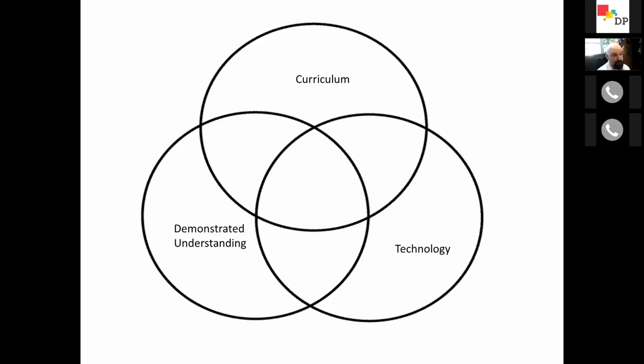And I think it lends itself, like the crossover between curriculum and technology is OER, and the crossover between demonstrating understanding and curriculum is competency-based ed, and the notion of badges and micro-credentials really comes in with technology and demonstrating understanding. And I center all of this on the notion of choice.